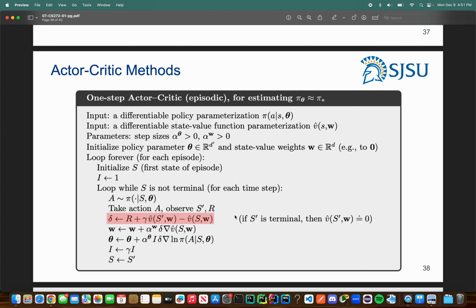Actor critics are a generalized umbrella term for reinforcement learning approaches that do both the prediction and the control problem. Policy gradient only does control. I don't know if I said that right, I might have messed that up, but policy gradients modify only a policy.